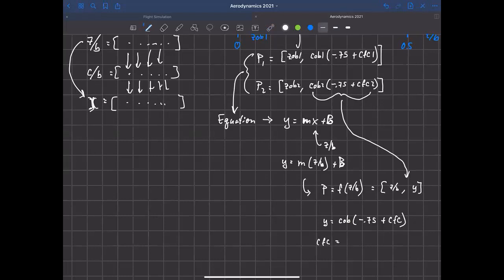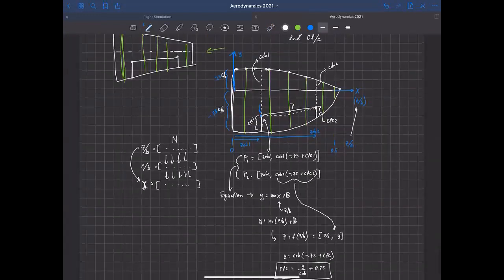So it's y over C over B plus 0.75. Did I do that right? So that's my CF over C at any location now along this wing. So I can compute my CF over C at any location here. And then that information is going to go into this chi vector.